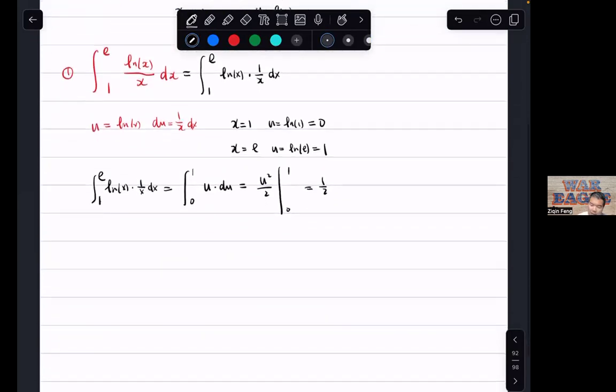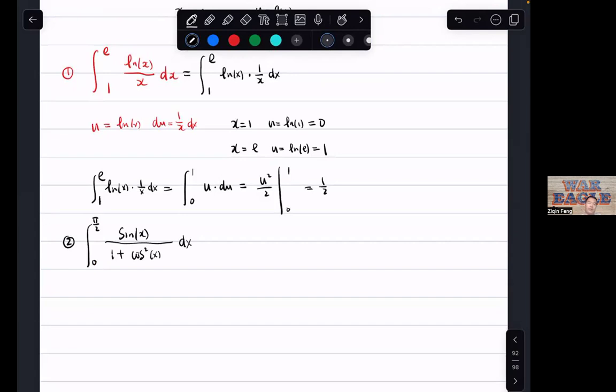Now let's see another one. The second example is the integral from 0 to pi over 2 of sine of x over 1 plus cosine squared of x dx. For this one, you can try different substitutions.